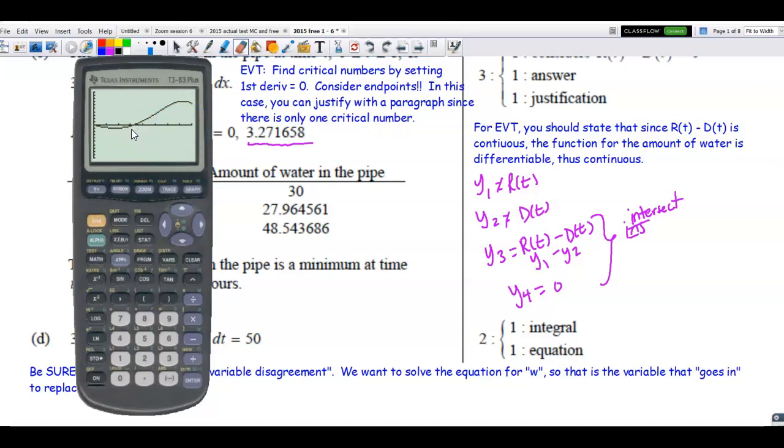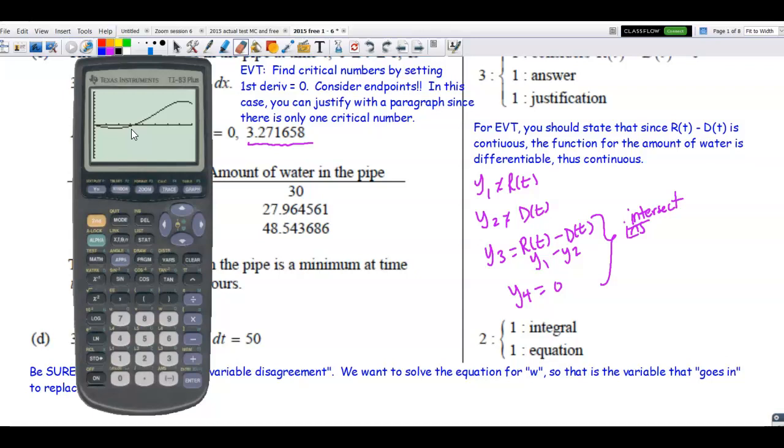Now, ladies and gentlemen, you cannot just simply justify that there's an absolute minimum at x equal to 3.272 because the first derivative or the graph of this derivative changes from negative to positive. You will not get the justification point. You've simply justified a local minimum, and we're looking for the absolute minimum.